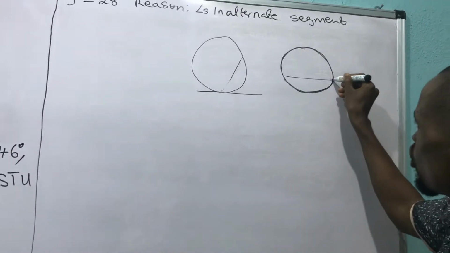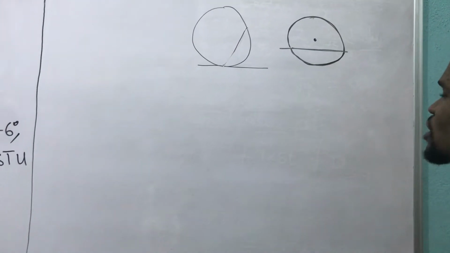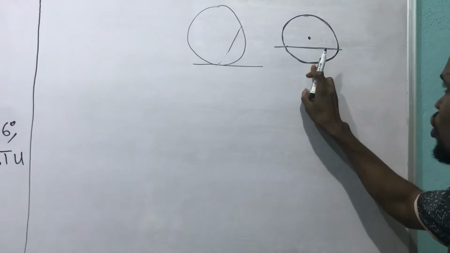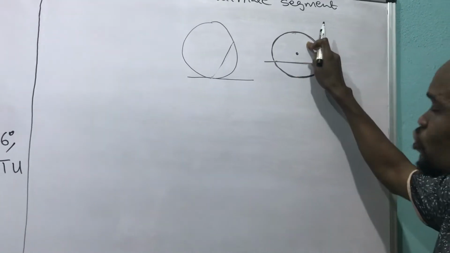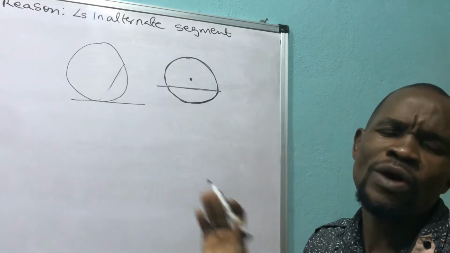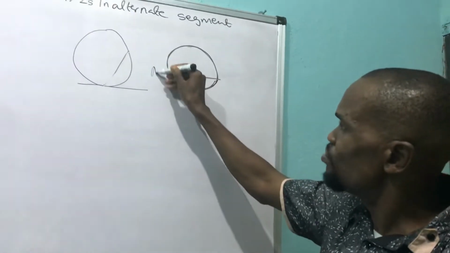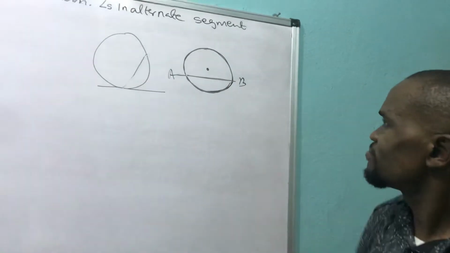That means a chord drawn in a circle which does not pass through the center of the circle divides the circle into two segments, and also divides the circle into two arcs. This is an arc from here to here, which I call AB. This is a chord AB.